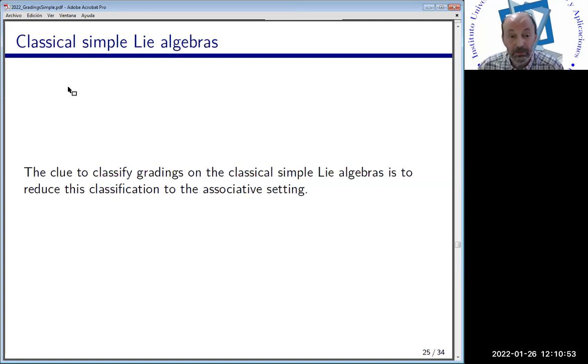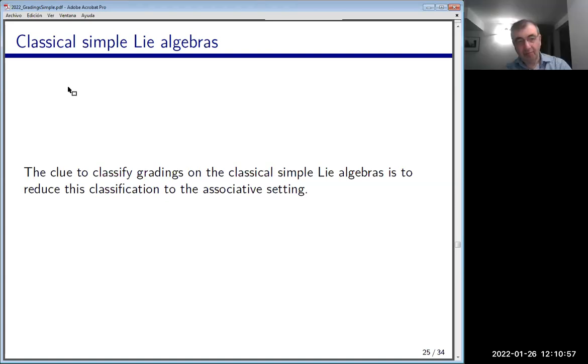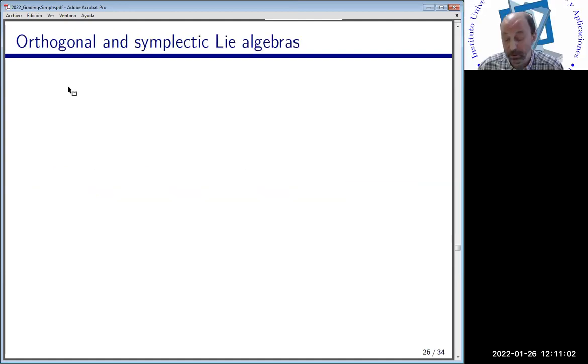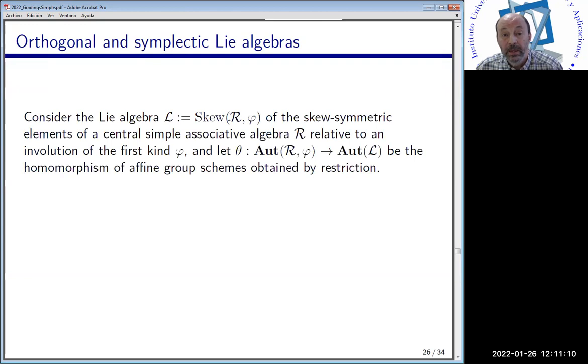So what we have to do is to use classical results on group schemes and on gradings. And this is what we do. So for orthogonal and symplectic Lie algebras, this appears starting with an associative algebra R, in order to obtain central simple Lie algebras, we start with a central simple associative algebra and an involution of the first kind.